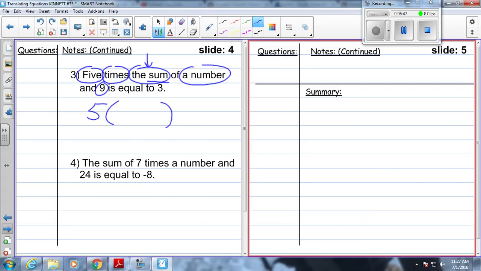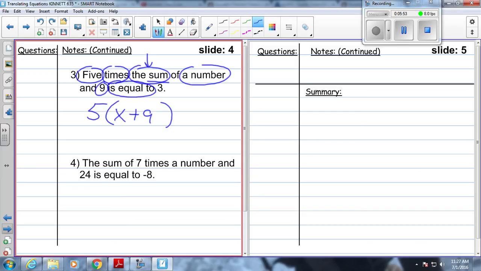So a number is x plus 9. Then we have the is equal to, gotta like when it actually uses the word equals, is 3. Again, you may want to star this example as the distributive property being used there. You have to have 5 times the sum, and it's the way they order the words from left to right. In problem 4, it says the sum.